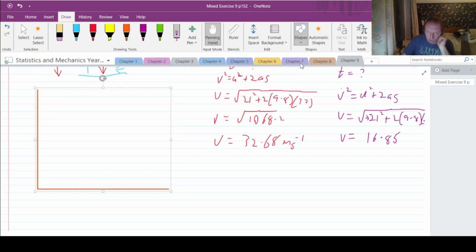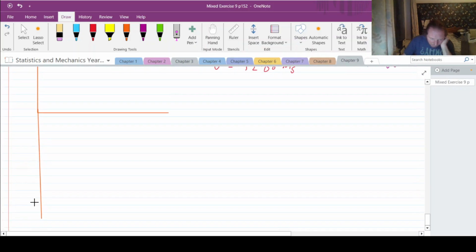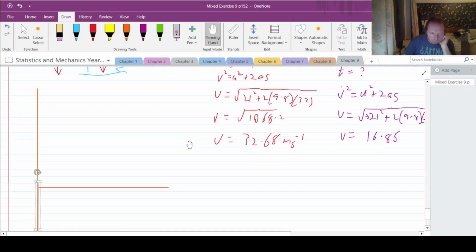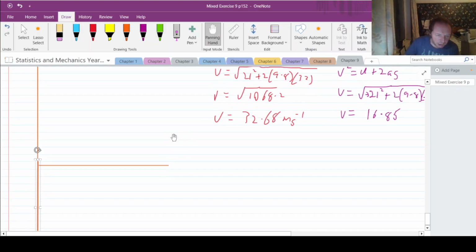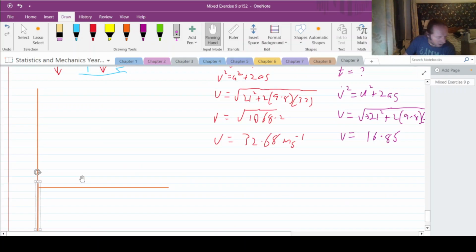Now then, this graph has got some positive and negative velocities on it. So I have said that we're actually starting at minus 21 meters a second. Is that possible? I suppose it is. It doesn't really matter.